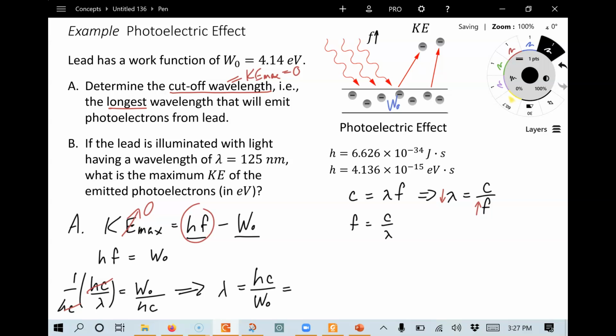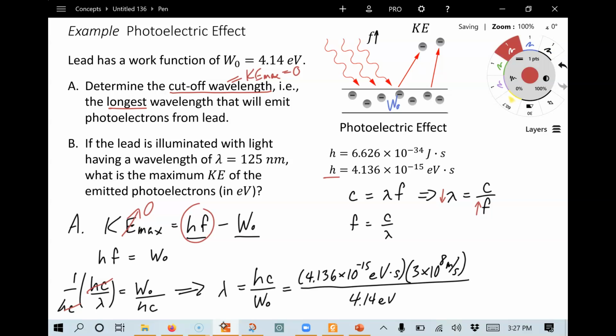Now, since W0, the work function, is given in eV, I need to use Planck's constant, and there are two ways to write it, with eV or joules. I'm going to use eV because we're already given that value in the work function. So it's going to be 4.136 times 10 to the minus 15th electron volts times seconds, multiplied by the speed of light, which is 3 times 10 to the 8th meters per second, divided by the work function for lead, which is 4.14 electron volts.